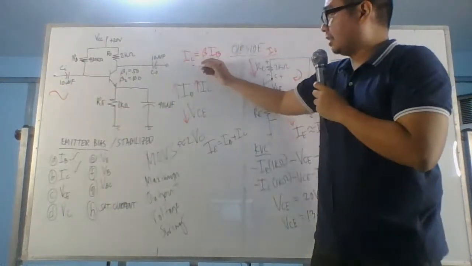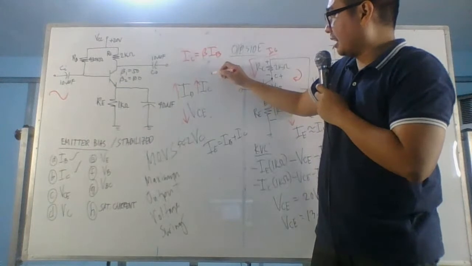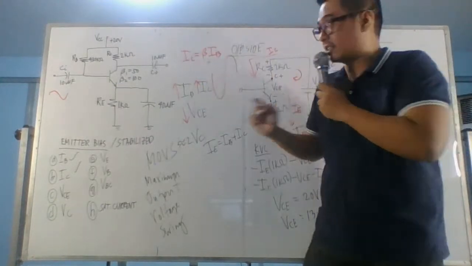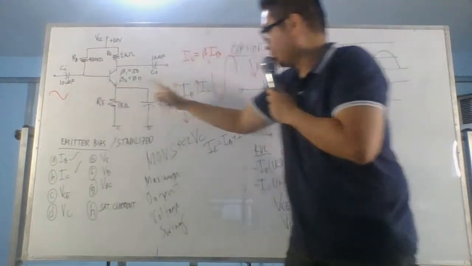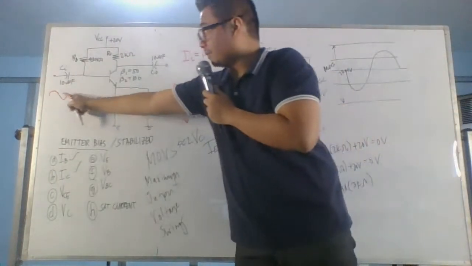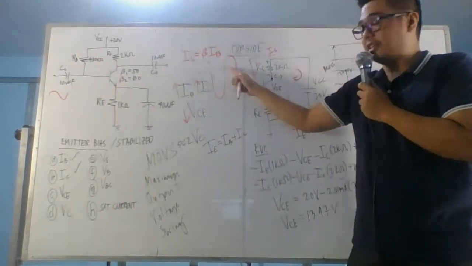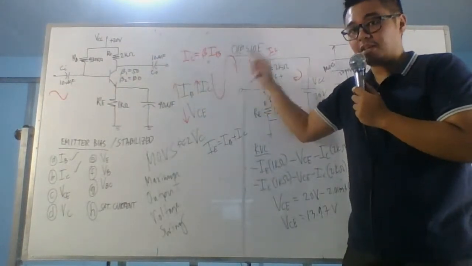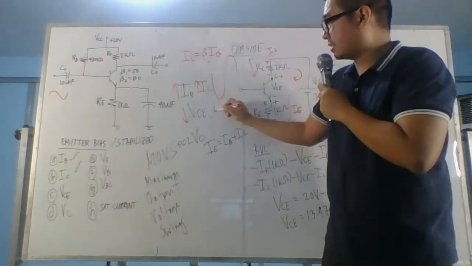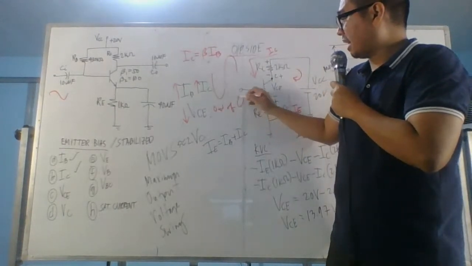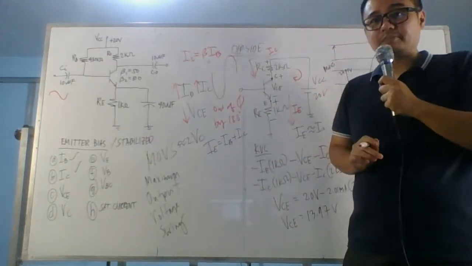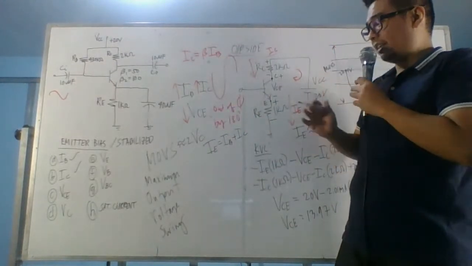Ang output natin is expected to be mas malaki but out of phase by 180 degrees. Positive to, paglabas niya, mas malaki pero negative. Negative to, paglabas niya dito, mas malaki na pero positive. Nagkakaroon ng inversion. That is out of phase by 180 degrees. Okay?